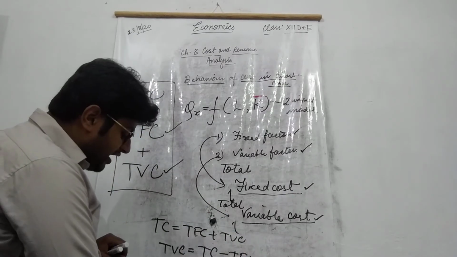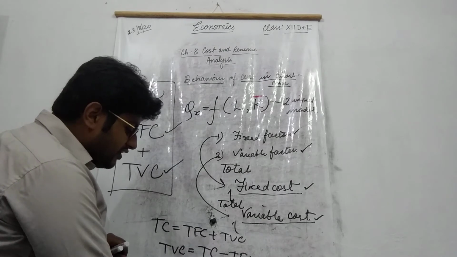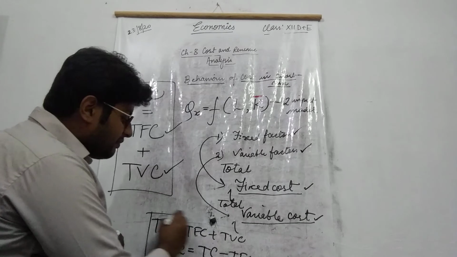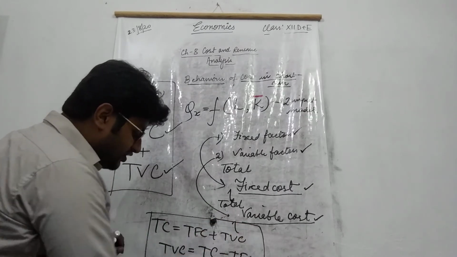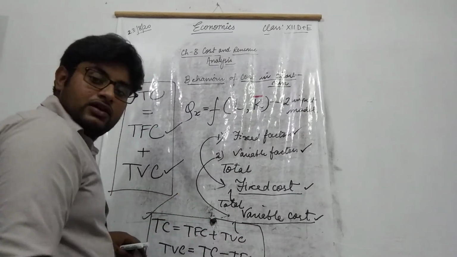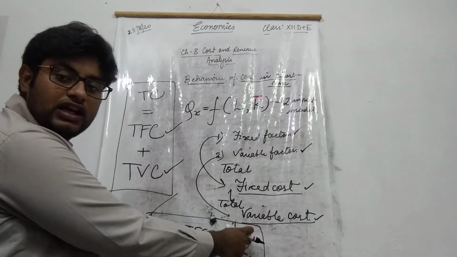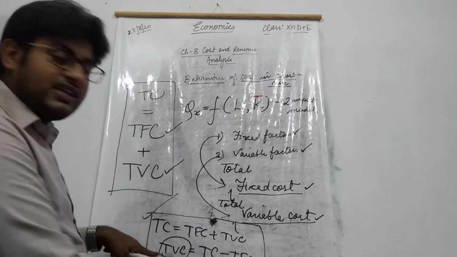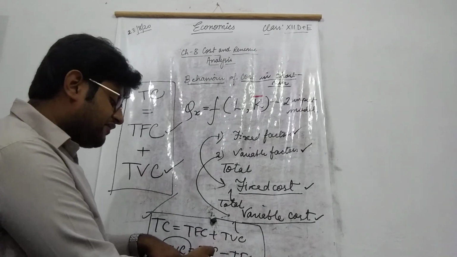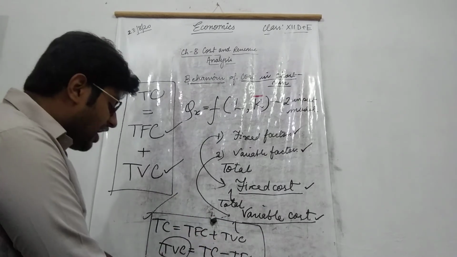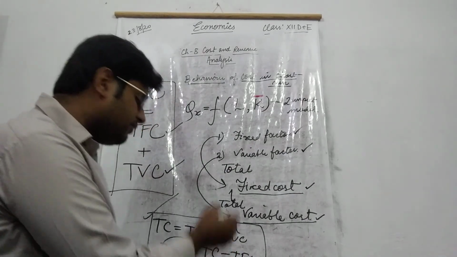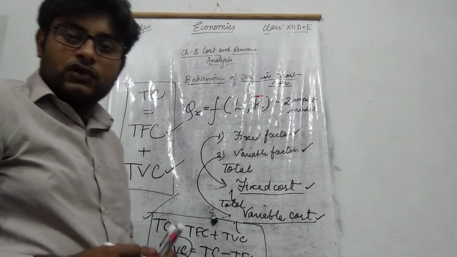And if I have to find TFC, then what will I do? Simply I will do TC minus TVC. So all these mathematical things you should be knowing. Okay, this is the formula of total cost, but it can be changed: if we want to calculate TVC, then we have to deduct TFC from total cost, and if we have to calculate TFC, then we have to deduct TVC from total cost. Alright.